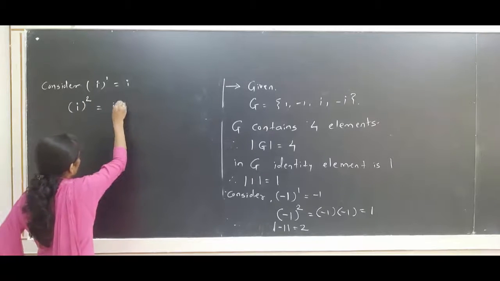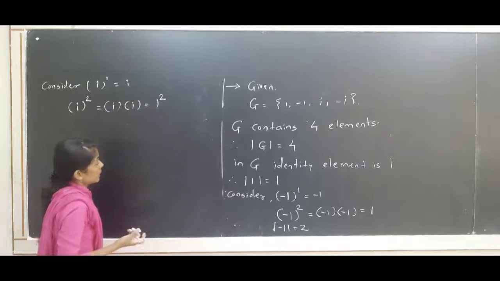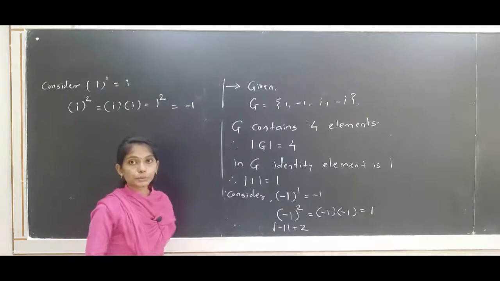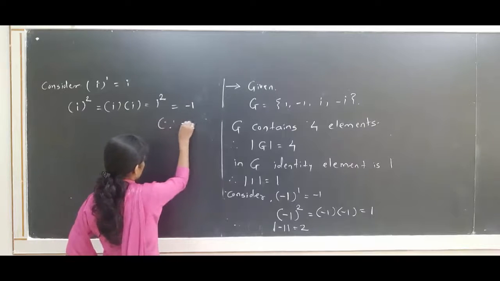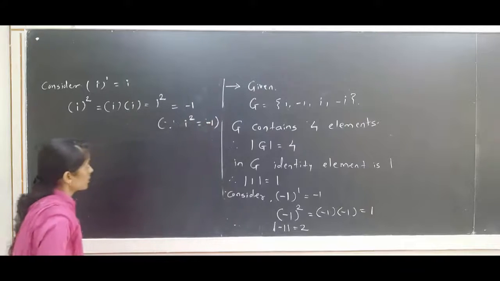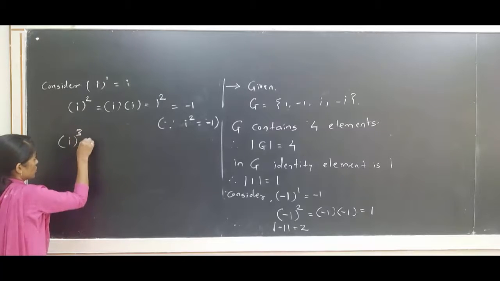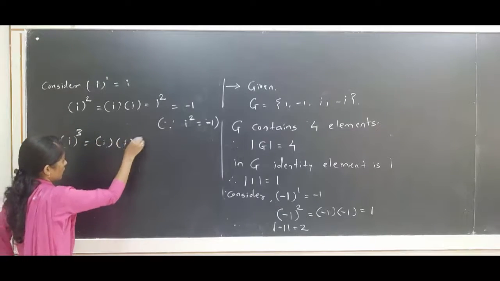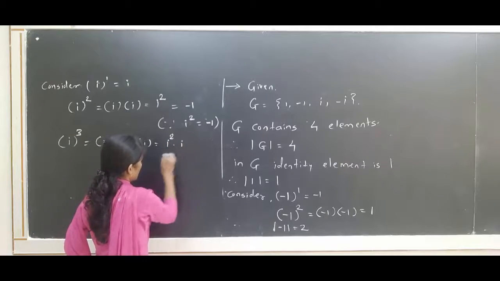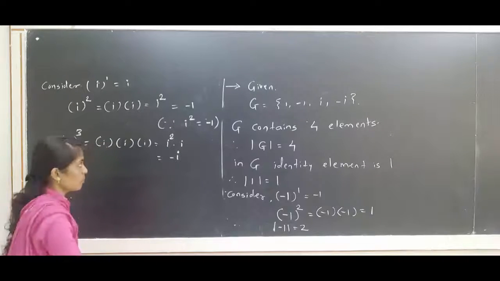So, i into i, which is i square, and i square is minus 1. Now, so 2 is again not the order. Now, we consider i raised to 3. So, i square into i, so we get minus i, since i square is minus 1.